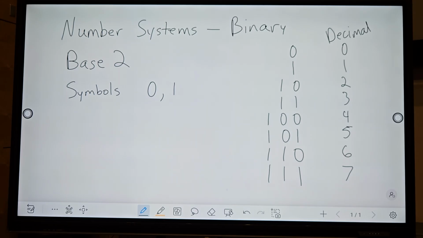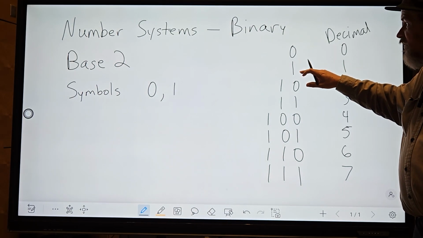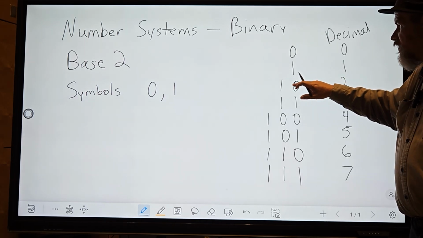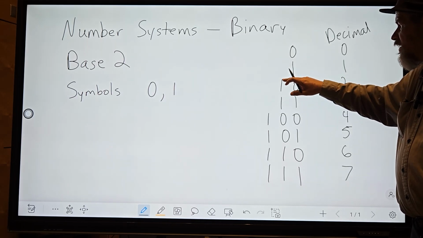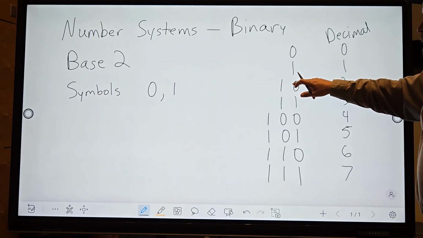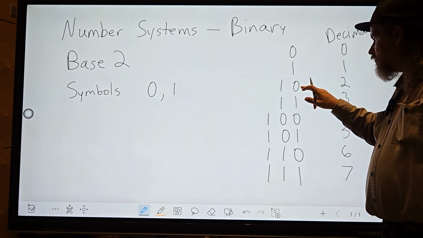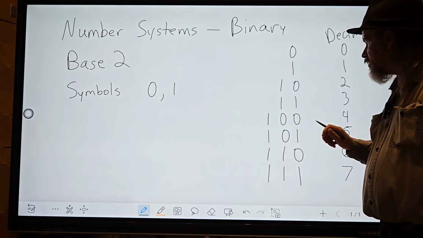So 0, 1, run out of symbols, so you roll over to 0 again, add a 1 to the next left column, which gives you 10.